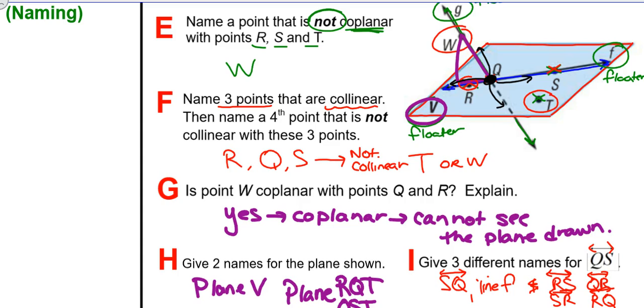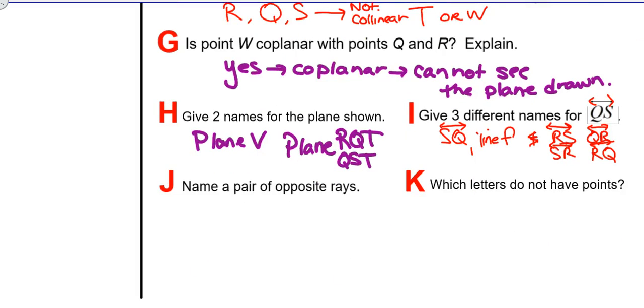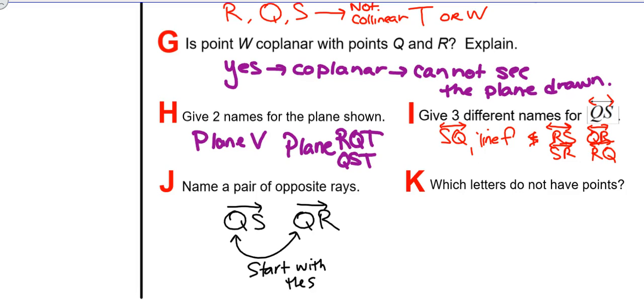So we're not going to use those two. We're only going to use the left and the right. We have QS going to the right, and QR going to the left. So we're going to go QS and QR. Notice they start with the same letter. That is very important.